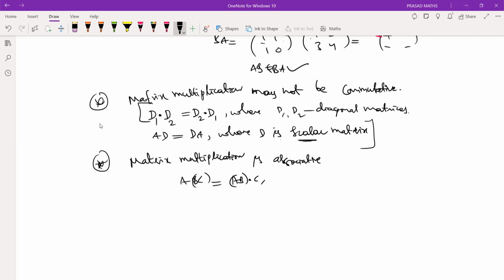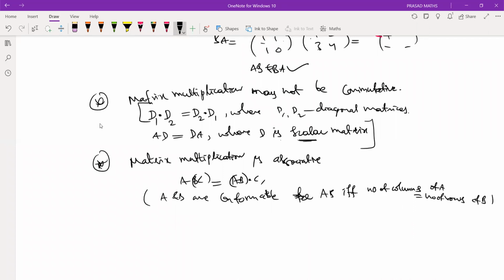We say that A and B are conformable for the product AB if the number of columns of A equals the number of rows of B. Provided A, B, C are conformable, matrix multiplication is associative.